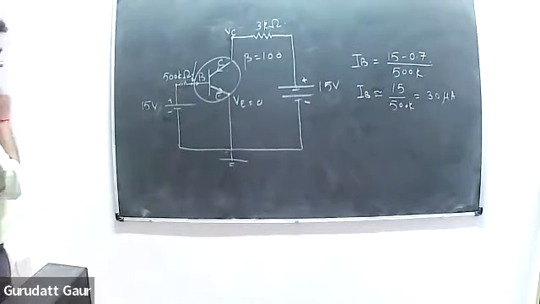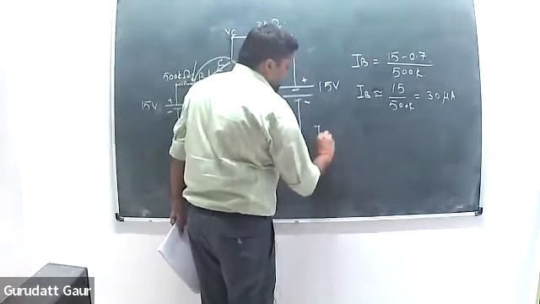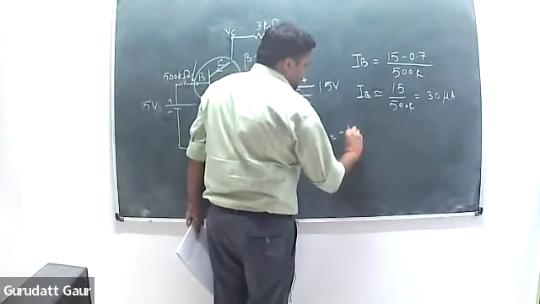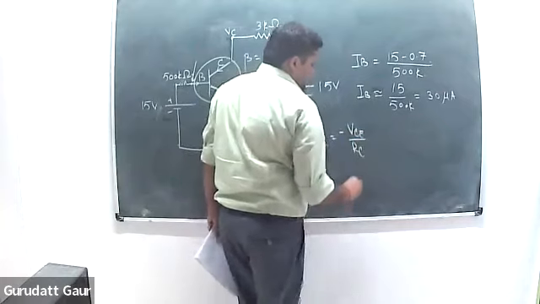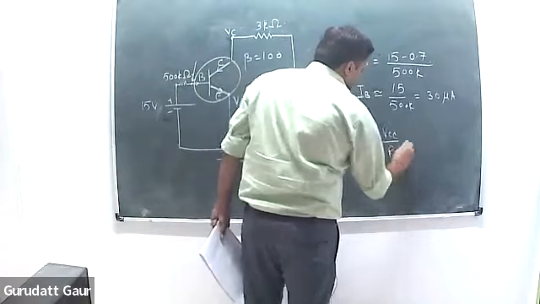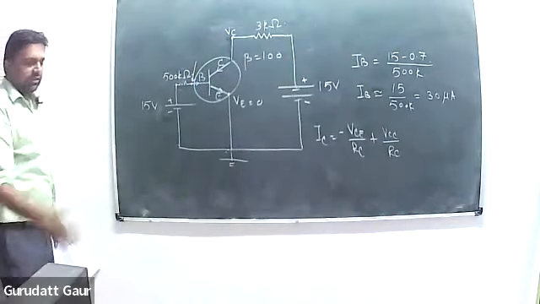So finding out the load line is easy, because load line का equation क्या था? IC is equal to minus VCE divided by RC plus VCC divided by RC. So if you can find out the 2 points, then you can draw the line.